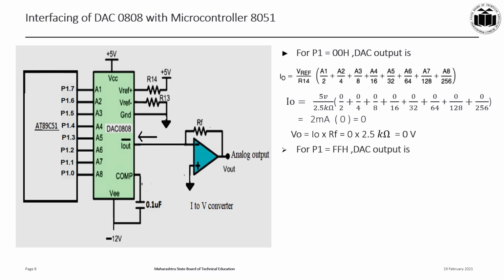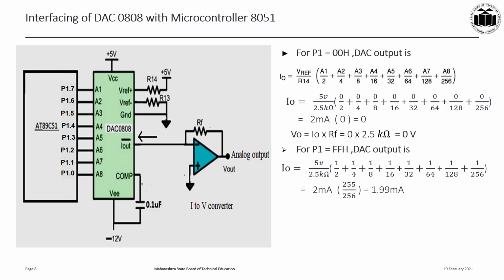As I0 is 0 milliamperes, the output voltage is 0 volts. What if now 8051 is programmed to output data FFH on port 1 pins? It means all the pins of port 1 output logic high, and all the digital input pins of DAC A1 to A8 are getting logic high. As a result, the output current of the DAC is 2 milliamperes multiplied by 1 by 2 plus 1 by 4 plus 1 by 8 and so on plus 1 by 256, and we get the output current as 1.99 milliamperes.